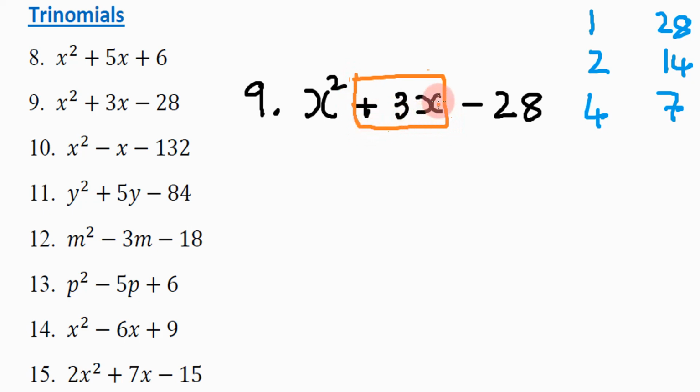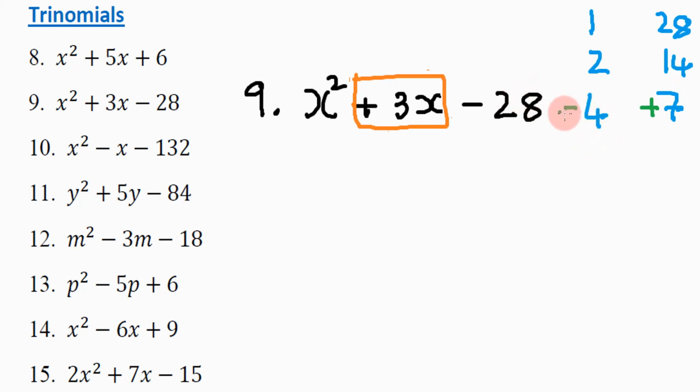We need positive 3x as a middle term here. 1 and 28 can never give us positive 3, whether we add them or subtract them. And neither can 2 and 14. 4 and 7 can give us positive 3 if the 7 was positive and the 4 was negative.